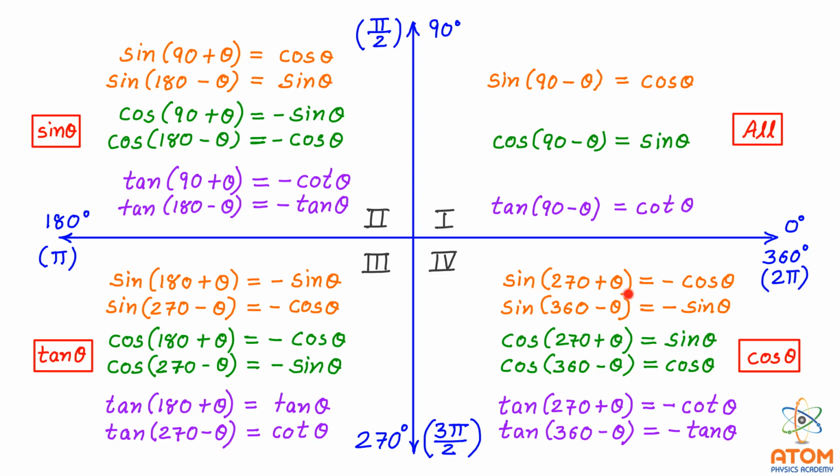Sin 270 plus theta is minus cos theta, sin 360 minus theta is minus sin theta, cos 270 plus theta is sin theta, cos 360 minus theta is cos theta. Tan 270 plus theta is minus cot theta, and tan 360 minus theta is minus tan theta.